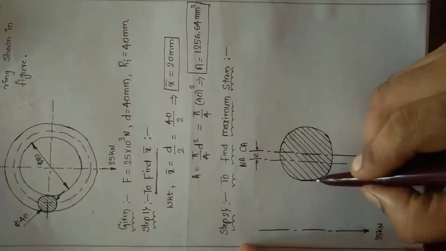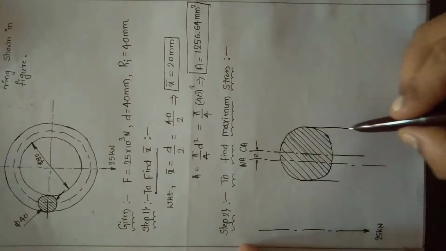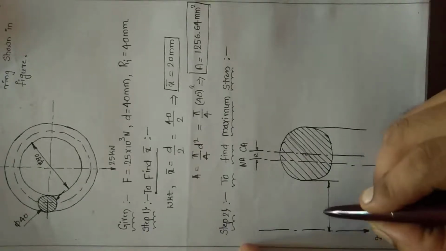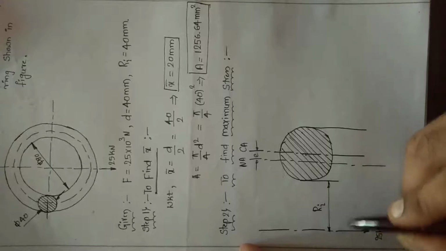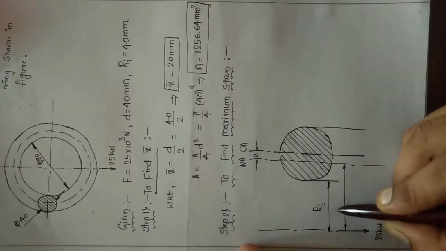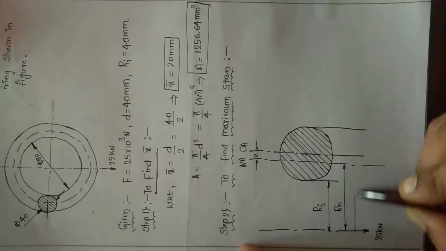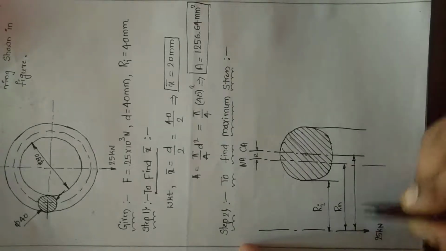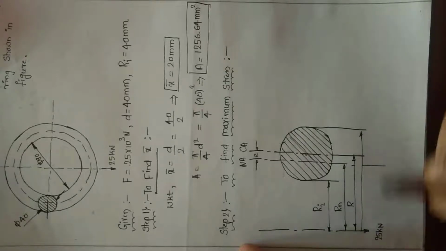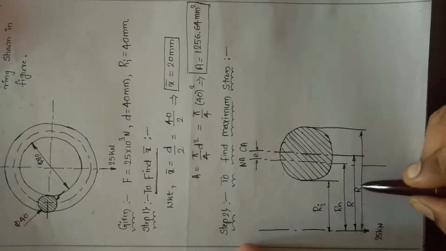This is the inner, this is the outer. This is Ri, the inner fiber radius, the distance to the neutral axis I can call Rn, and the distance to the centroidal axis I will call capital R. The distance from the center of curvature to the outer fiber I will call R0.